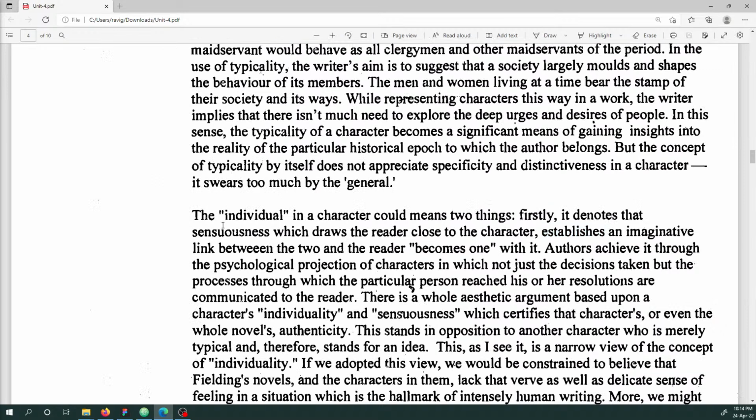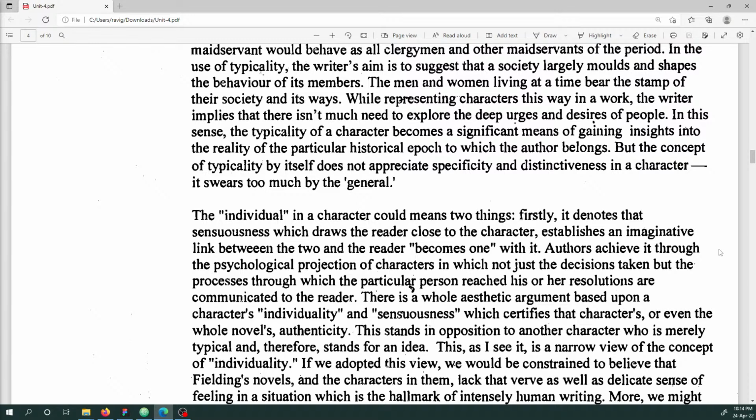So let's read again. The individual in the character could mean two things. Firstly, it denotes that the sensuousness which draws the reader close to the character establishes an imaginative link between the two, and the reader becomes one with it.